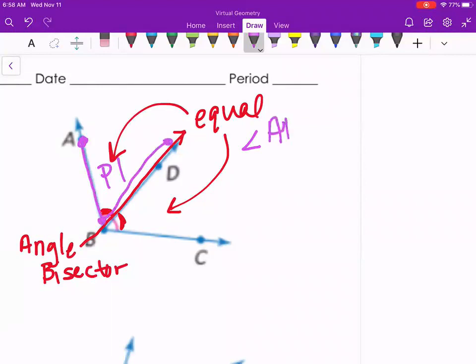So angle ABD is congruent to, and then we do the similar thing for the other angle. We start outside at an arrow, so C, follow it back to the vertex B, and then out to the other arrow D. So those two angles are congruent.